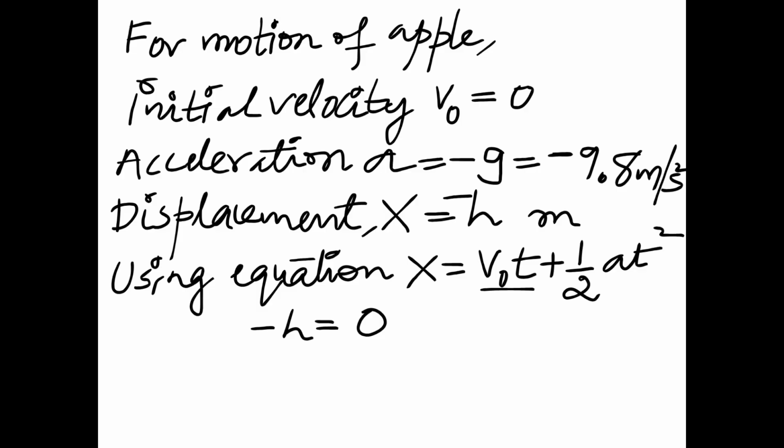Then a we have taken as minus g, so it will be minus half into 9.8 into t square.